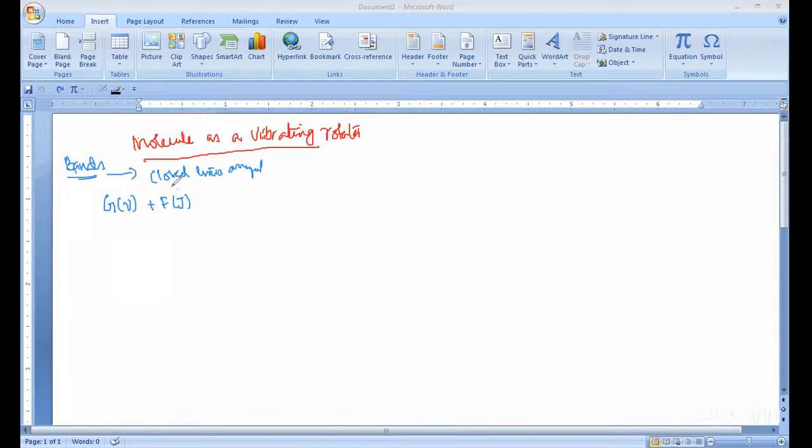We have already calculated the G nu value, which we can write as omega E into nu plus half, minus omega E x E into nu plus half whole square, plus B into J into J plus 1.